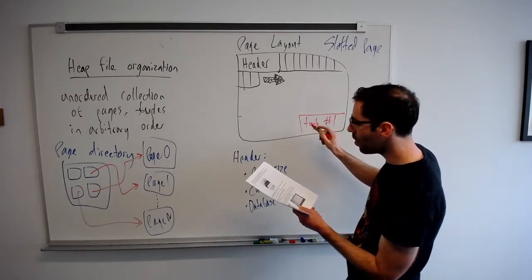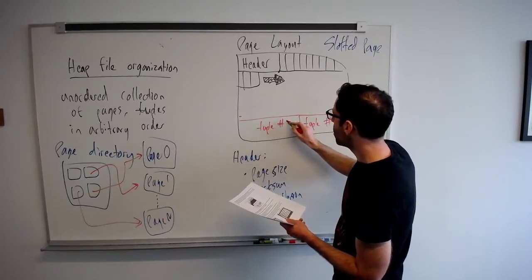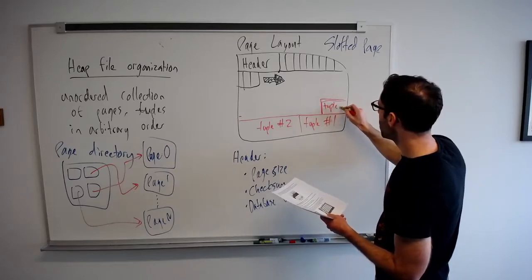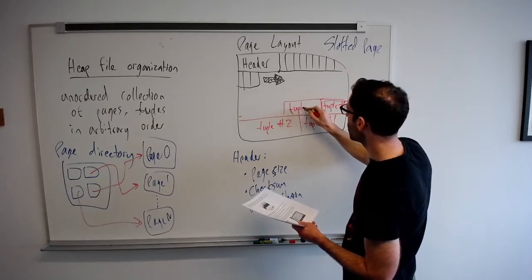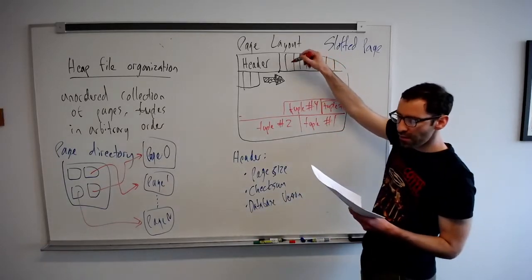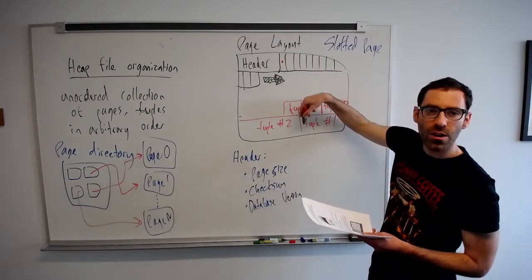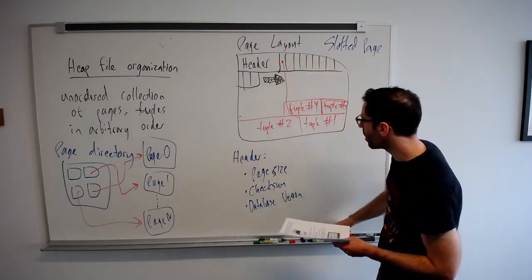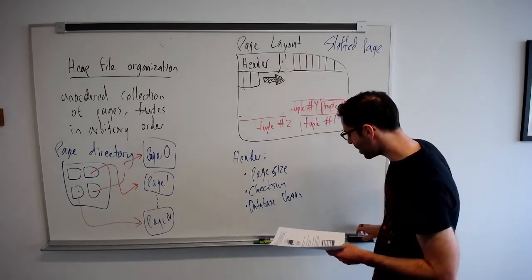So we're going to have tuple 1, and then tuple 2, tuple 3 here, tuple 4 here, and in our slots, each will have a pointer to where that tuple is stored within the page. Let me use a different color so it's easier to see on the whiteboard.